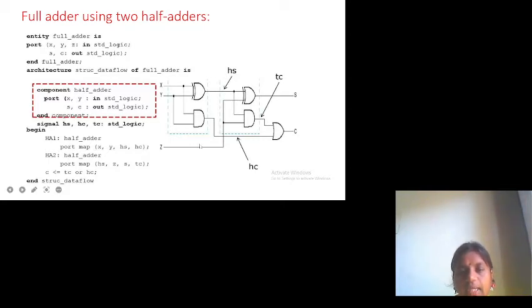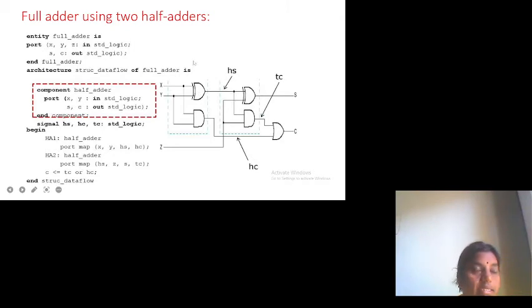The carries generated by the first half adder and the second half adder are ORed, and that will be the final carry of the full adder. The first half adder's XOR sum output is given as input to the second half adder, and carry in Z is given as the other input to the second half adder.